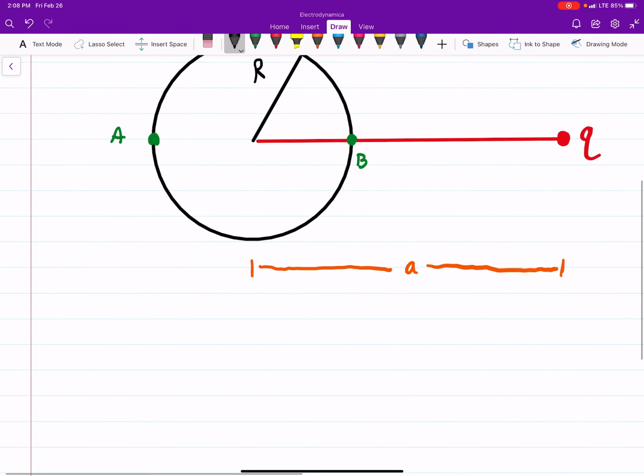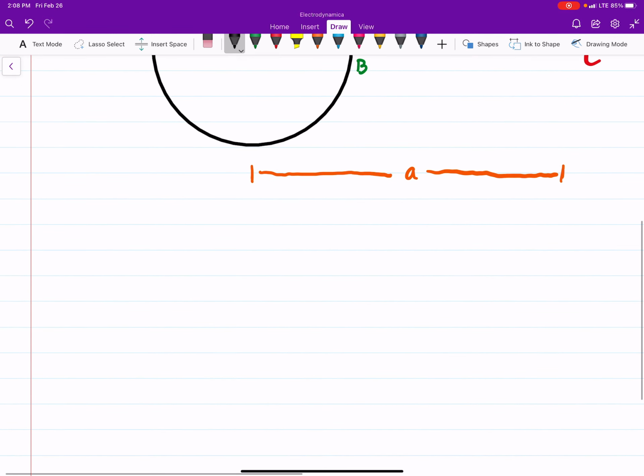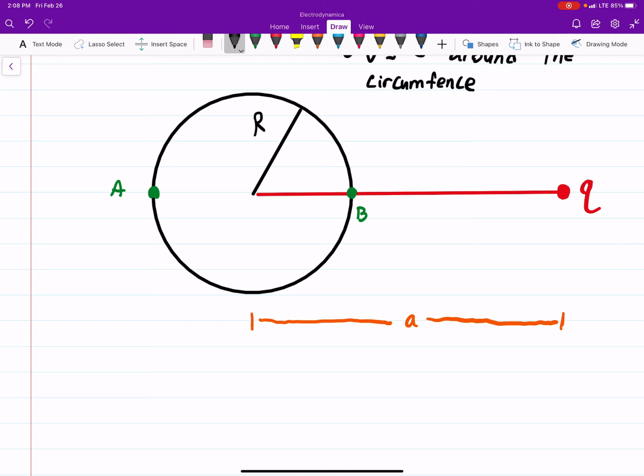So we can basically pretend that this sphere isn't here, that this circle I just drew is imaginary. We can do that so long as we place an imaginary charge inside our circle, called Q prime, such that it's mimicking the sphere itself. So the electric field and the potential are going to be the same as if the sphere wasn't there at all. A kind of interesting way to approach this problem.